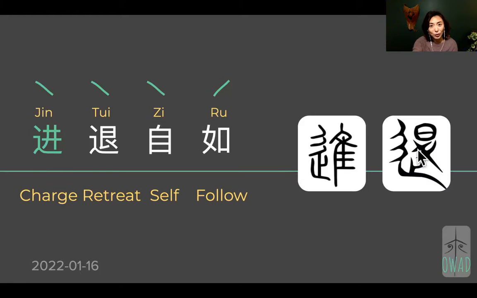This is 进, this is 退. You can see both of them, yes, they have the symbol related to walking. So this is the footprint, with a rhythm to it, right? And this is the symbol of food. Don't ask me why, the cactus-looking thing is food.